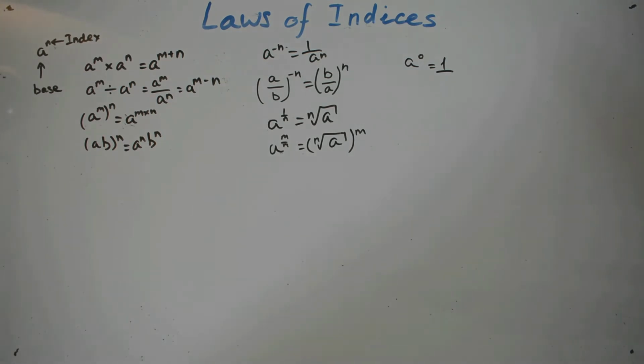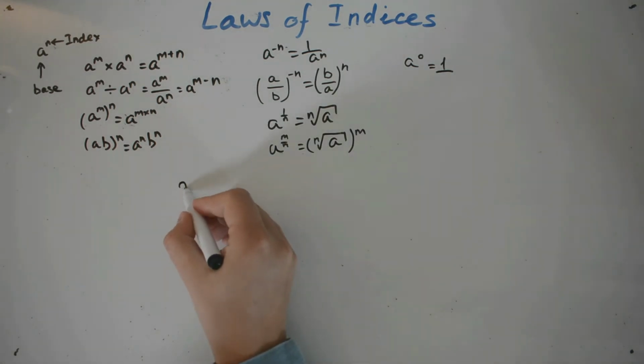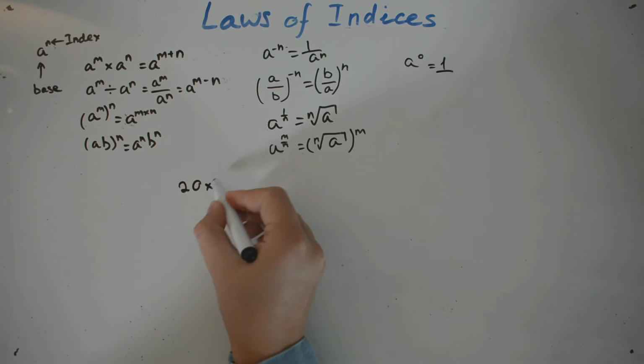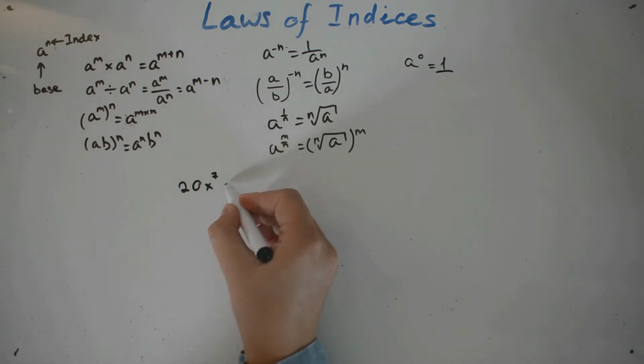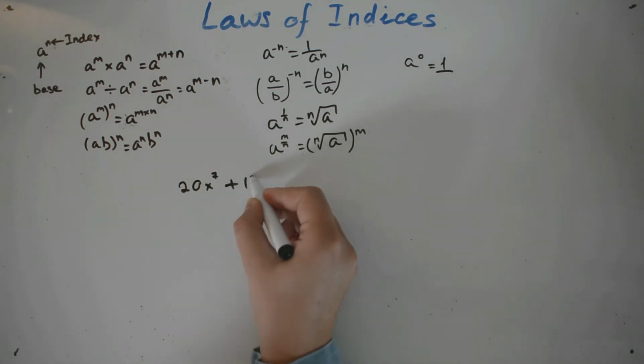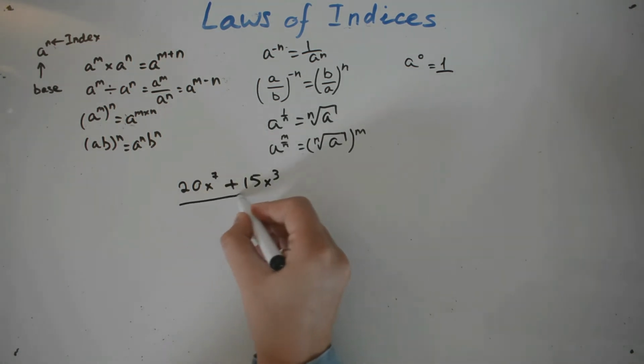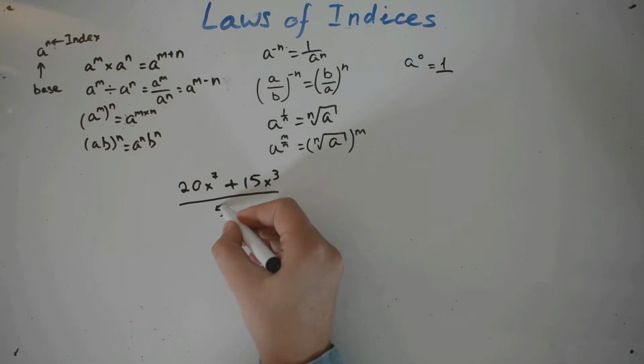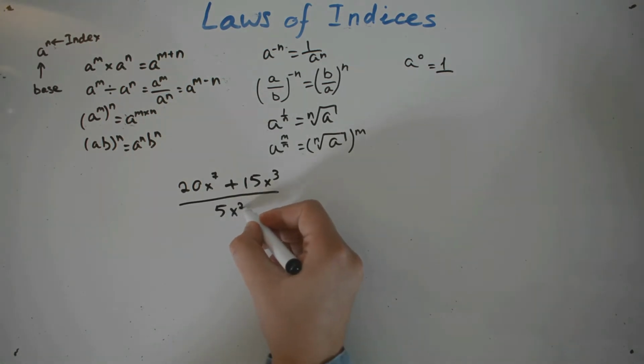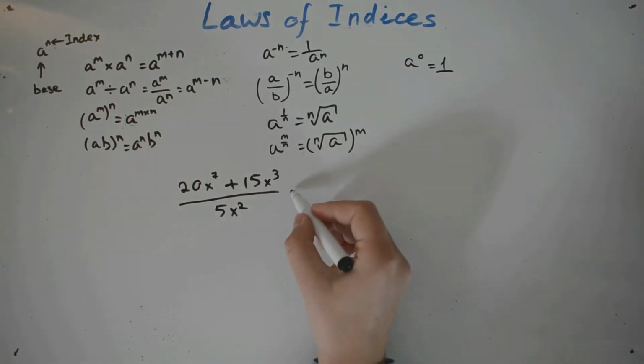Now we have our third example. We have 20x to the power of 7 plus 15x cubed, and that will be all divided by 5x squared. And that equals... so it's a fraction.